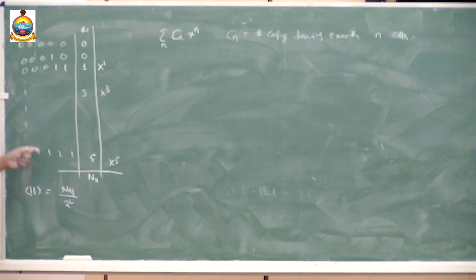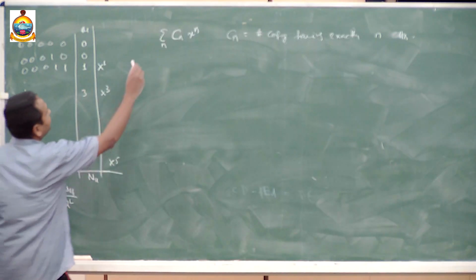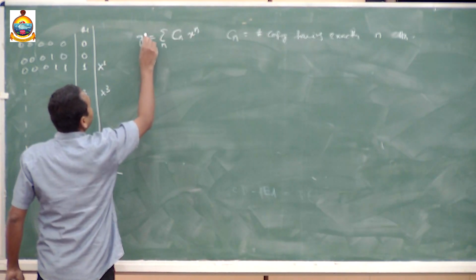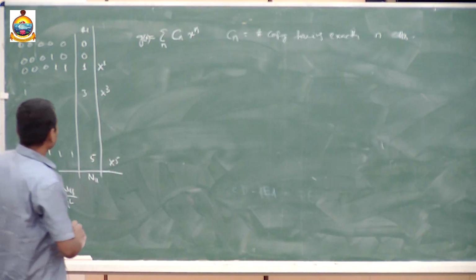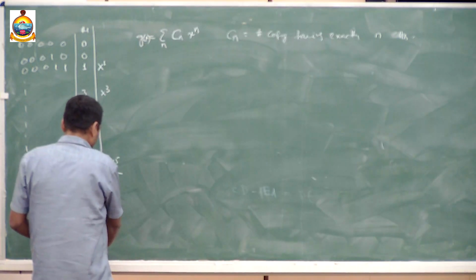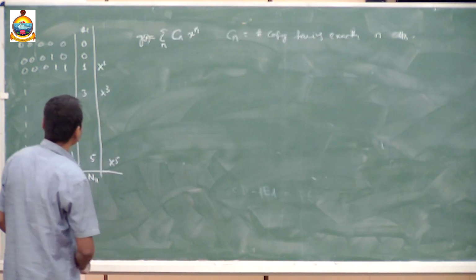So if you want to make this sum, can we make this sum? If you call it g(x), this is just a generating function of Cn. Can I calculate this?